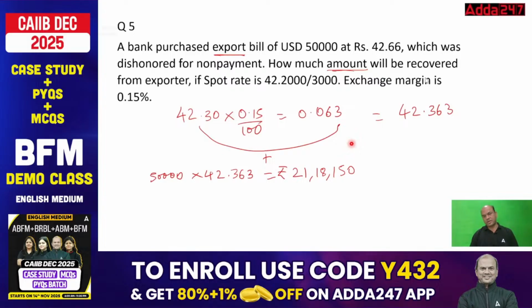So now you tell me, in this transaction, has the customer benefited or has the customer lost? See, am I asking extra questions? Because logic should be very clear in your mind. So the customer has benefited in this. We gave money 21 lakh 29,000, and now he is giving us only 21 lakh 18,000.